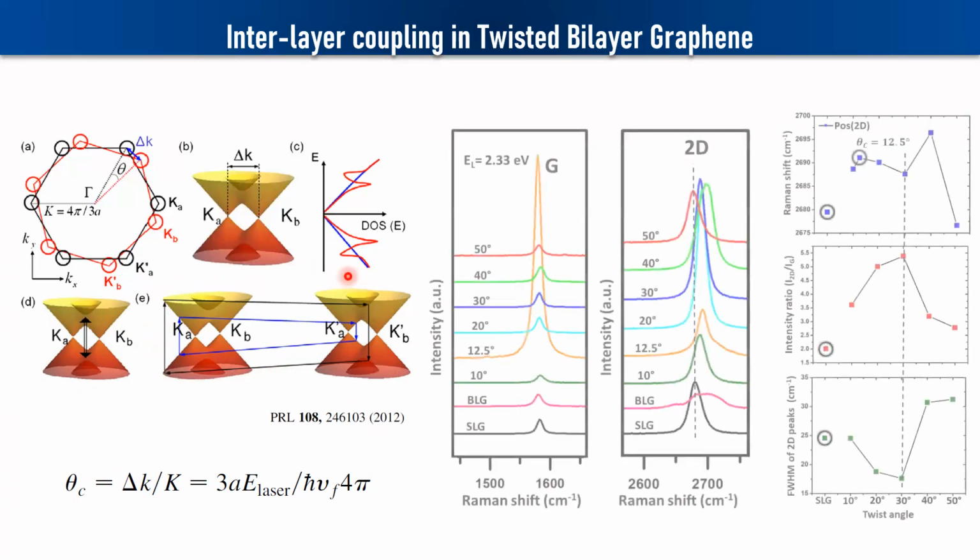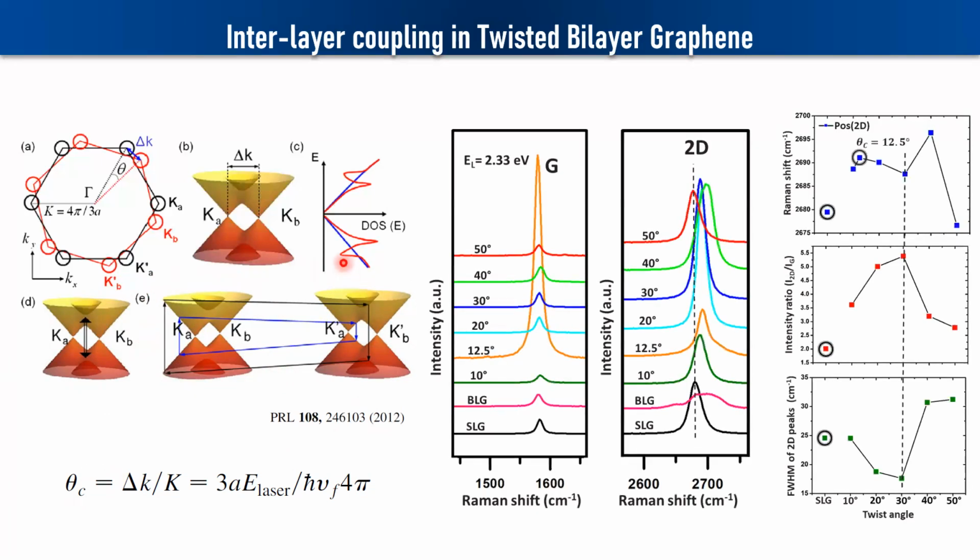What we have seen in our Raman spectrum is, for our laser at 2.3 eV, we calculated the critical angle, and it is around 12.5 degrees. We fabricated a twisted bilayer graphene at an angle of 12.5 degrees, and we indeed see a huge increase in the resonance of the G band.